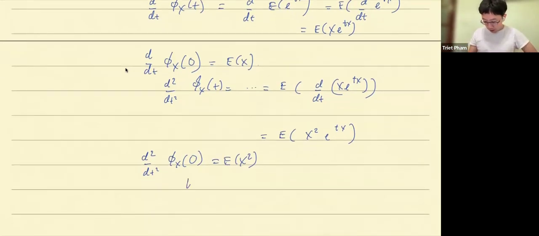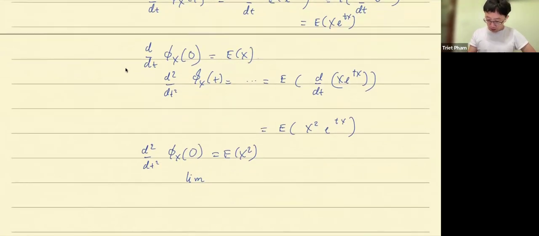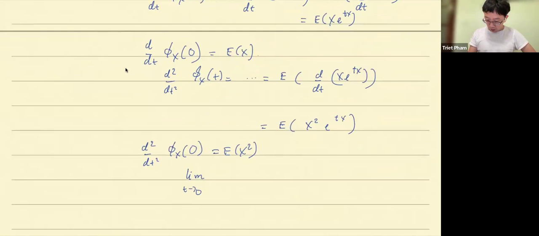I have to say this: in general, you may not be able to plug in 0 directly, because 0 might not be in the domain of the derivative; you end up dividing by t. So in general, if the expectation exists, if the moment exists, then the limit as t goes to 0 of the nth derivative will be the expectation of x to the n.